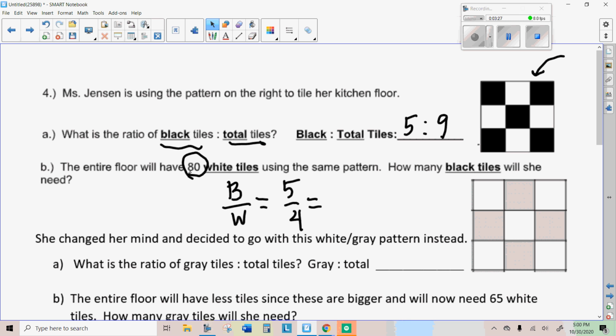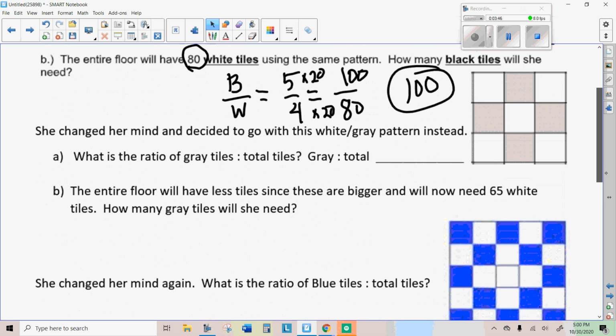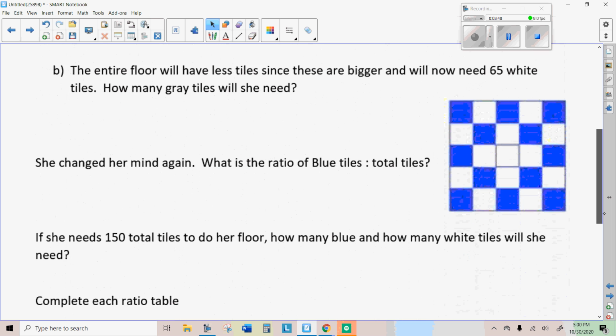If we're using 80 white tiles, make sure you put the 80 down by the white here. I noticed that 80 is 20 times bigger than 4, so I think it'd be quick to just multiply that by 20, and that gives us 100 black tiles. Okay, you'll finish those up.